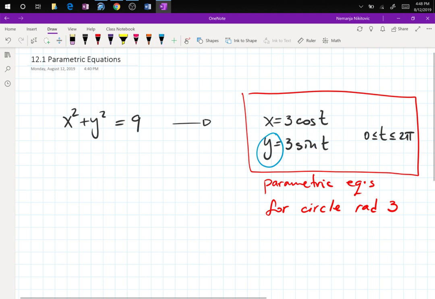So you can think of it that way. Now this parameter t, you can put an s, you can put a theta, you can put whatever you want to call it. It's just an extra parameter.